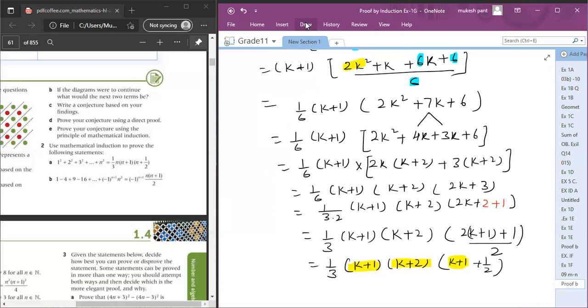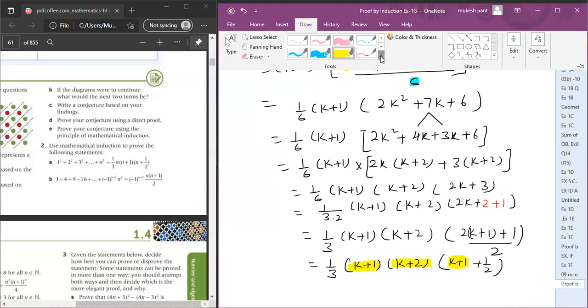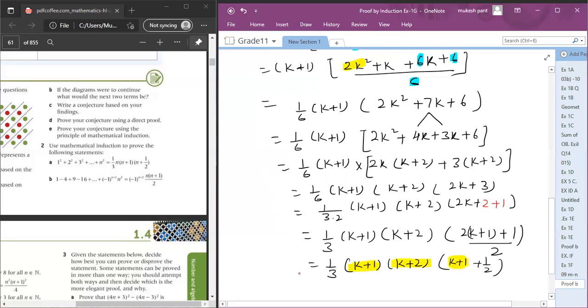So at last we write, this was Pk plus 1. So Pn is also true for n equals K plus 1.